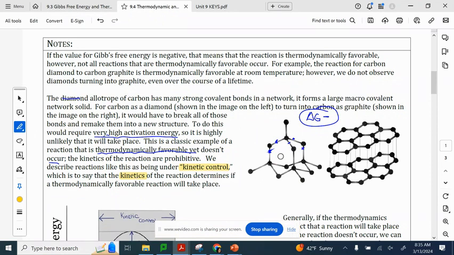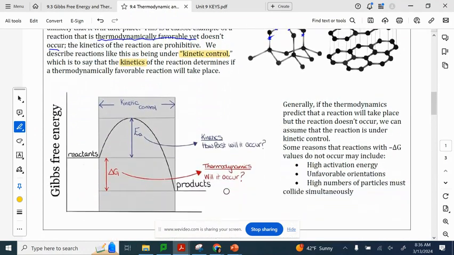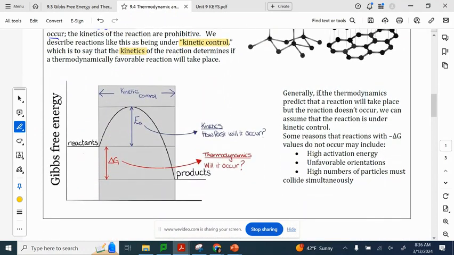And that's going to prevent these things from happening as far as breaking those bonds. Generally, if the thermodynamics predict that it will happen, but it doesn't, we are going to make the assumption that that reaction is under kinetic control. And that is due to it having a high activation energy.